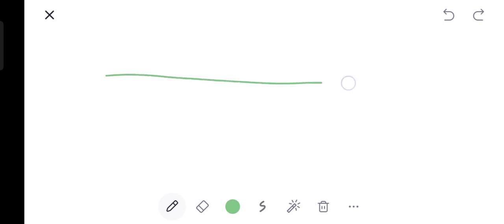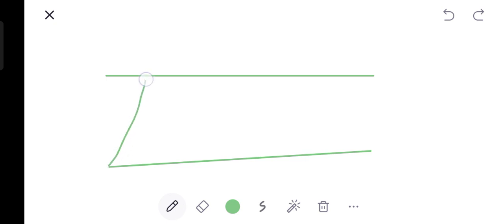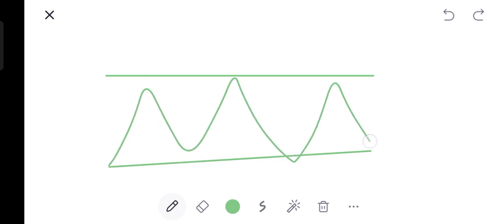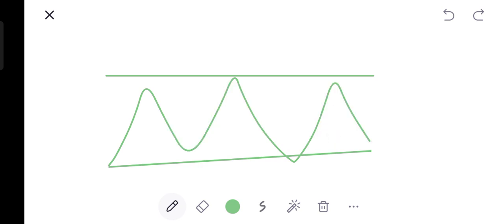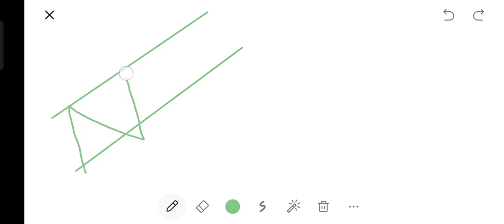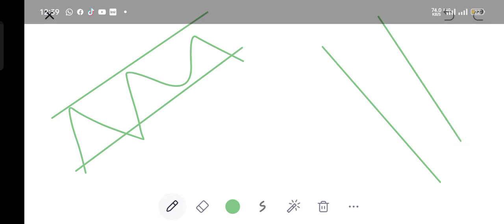We have the sideways structure, the upward structure, which we call an uptrend, and a downward structure, which we call a downtrend.